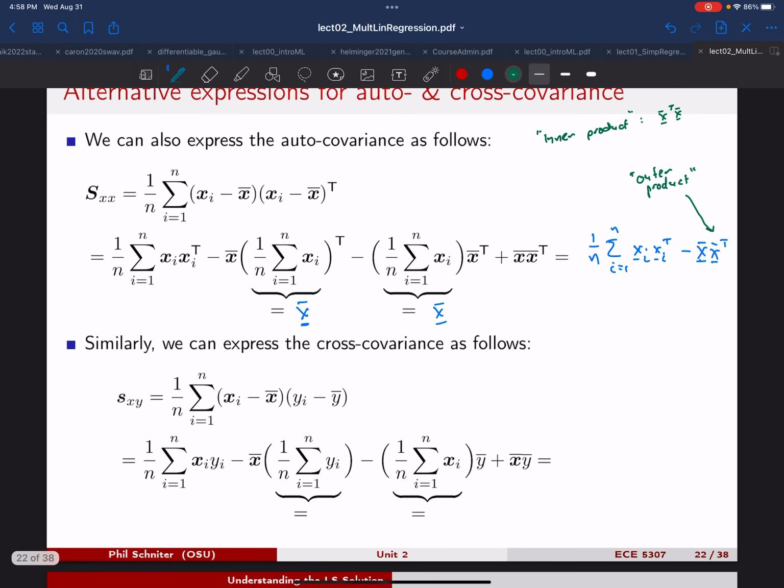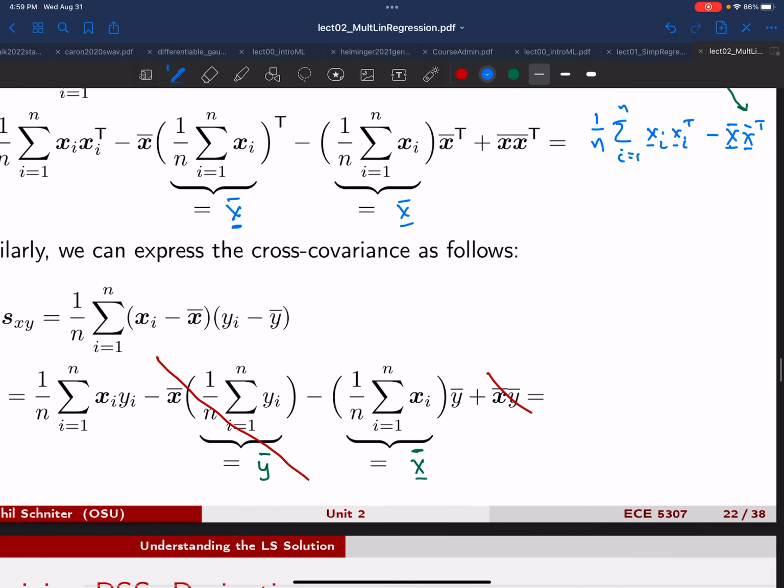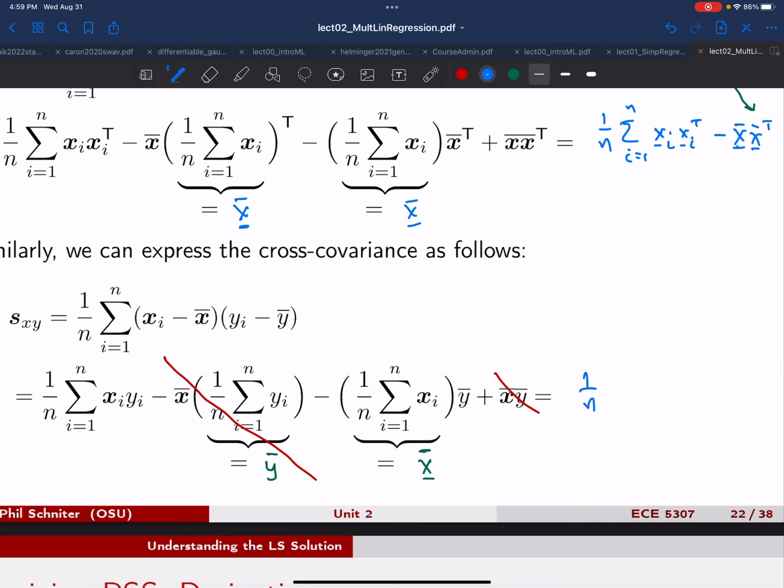So now you can see that this first brace is nothing more than the scalar y bar. And then down here, we have nothing more than the x bar vector. And similar to before, this quantity cancels this one, and it leaves the first and the third. So we're going to have 1 over n times the sum over i of xi times yi minus x bar times y bar.